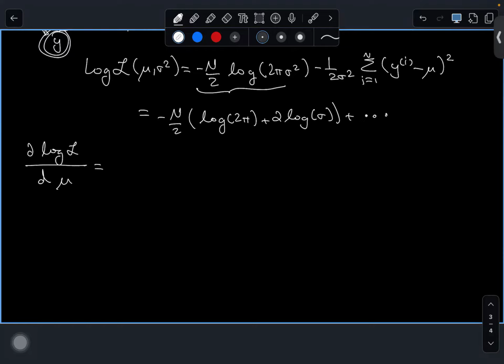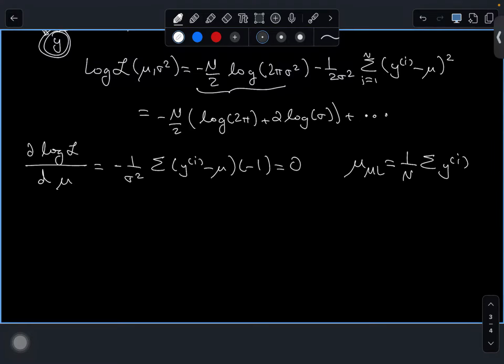For something squared, the derivative is 2 times the thing inside of it, so this is minus 1 over sigma squared. The 2 cancels out. Sum of (yi minus mu) times the derivative of what's inside, minus 1, with respect to mu. Set that equal to 0. So mu maximum likelihood is what you're familiar with, the mean of your data.